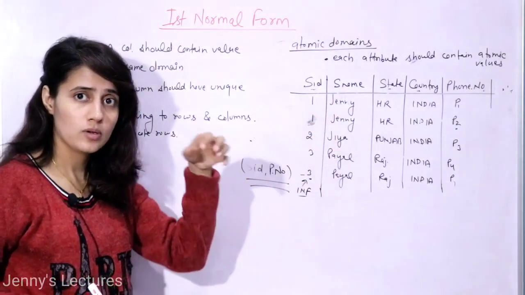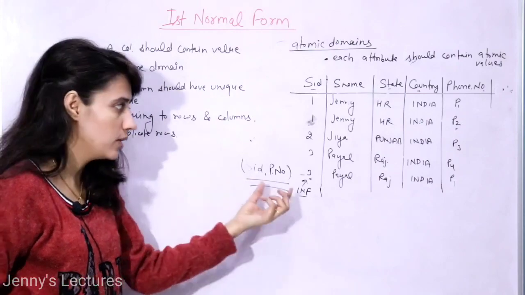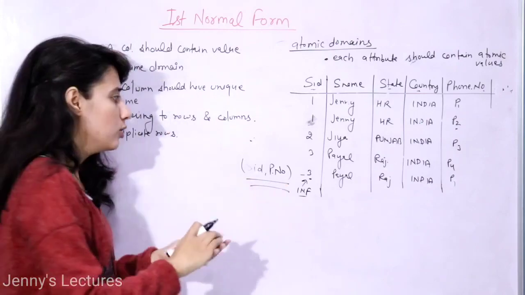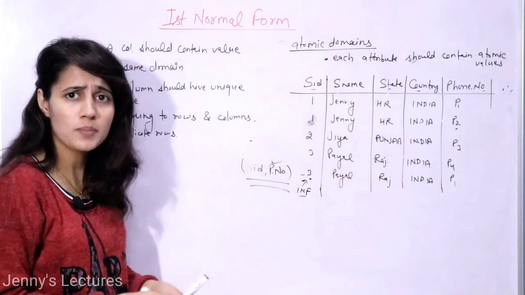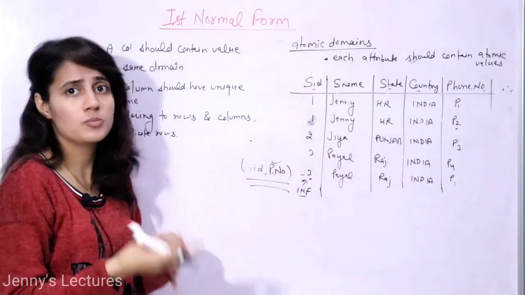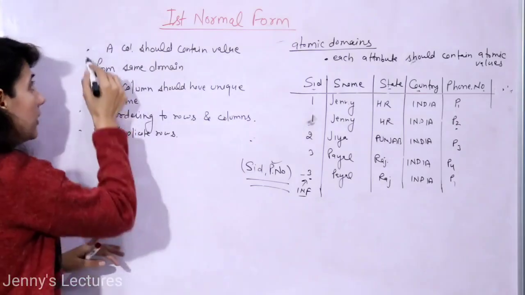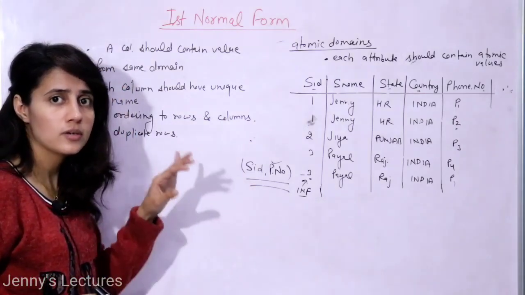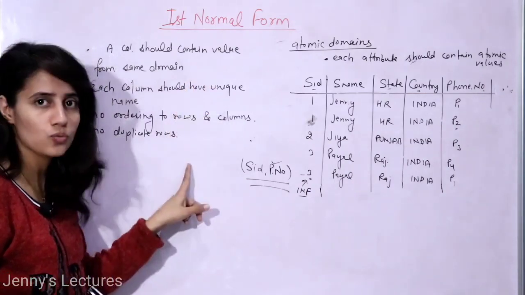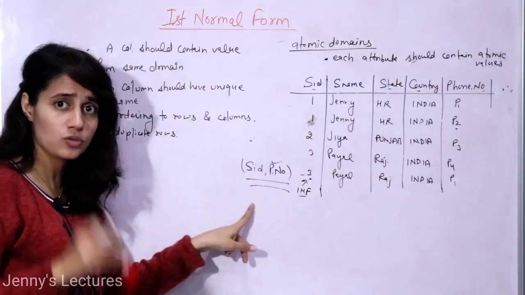I'm not going into the detail of primary key because we have already discussed it. So now this would be the primary key in this relation, no problem. It is not compulsory that only SID must be a primary key. So now these are the main rules. A relation is in first normal form if it follows these rules, right? Otherwise it is not in first normal form.